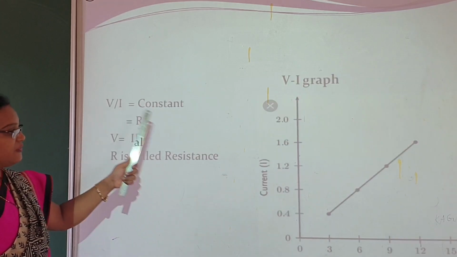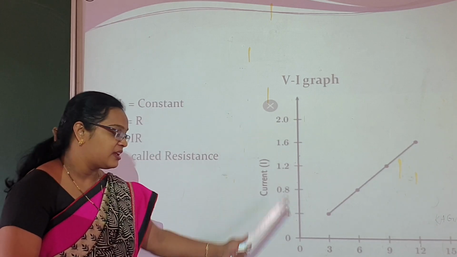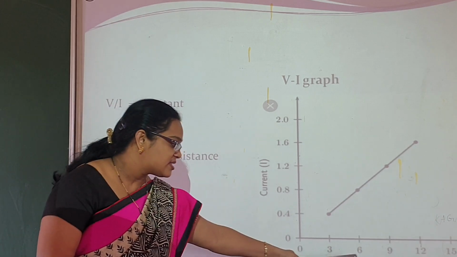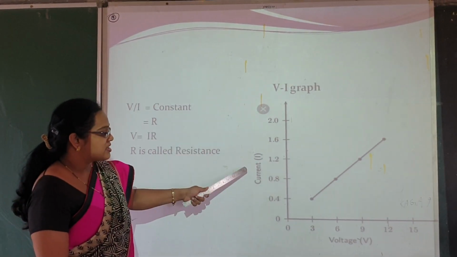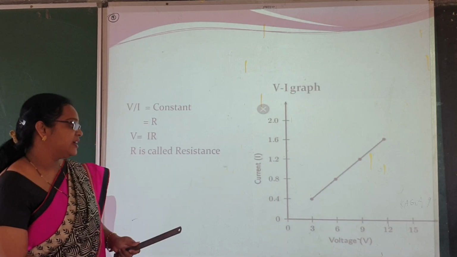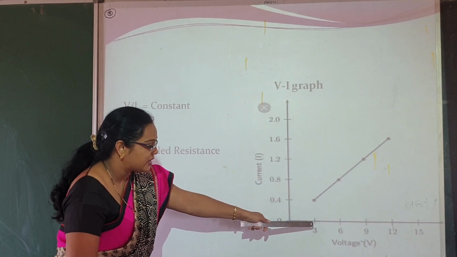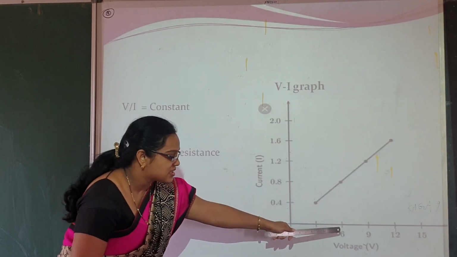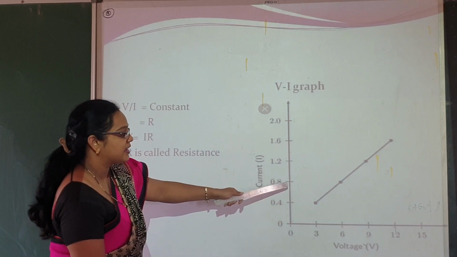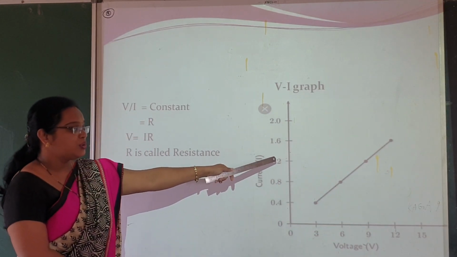If you plot the voltmeter reading and ammeter reading in a graph, on the x-axis we take the voltage, the voltmeter reading, and on the y-axis we take the current, the ammeter reading. In the first case, with a 3 volt battery, the current is 0.4 amperes. With 6 volts, when one more cell is added, it becomes 0.8, and with 9 volts, 1.2, like that.